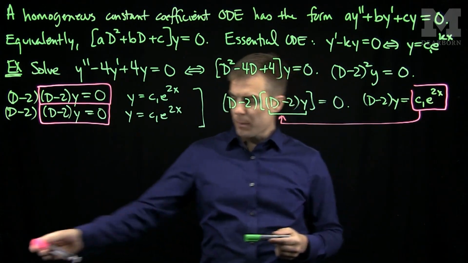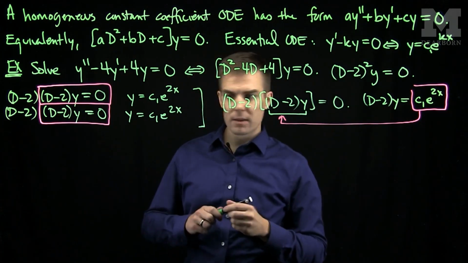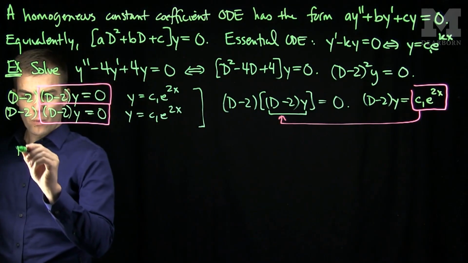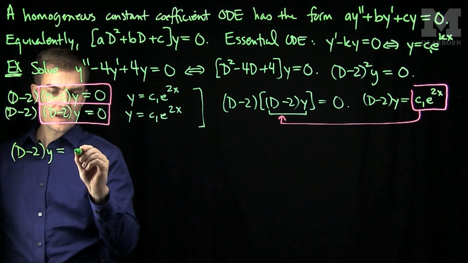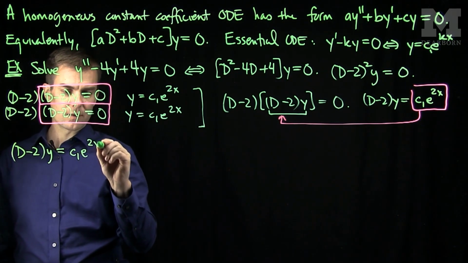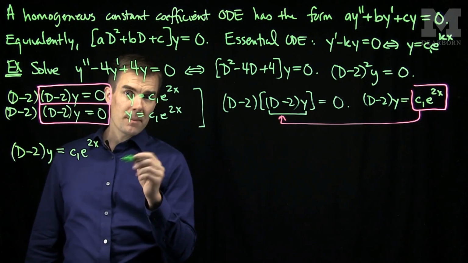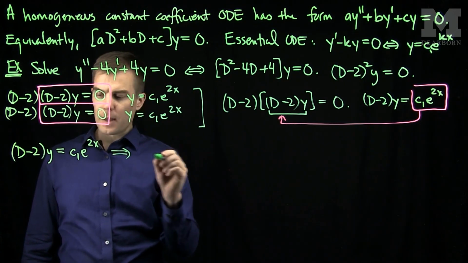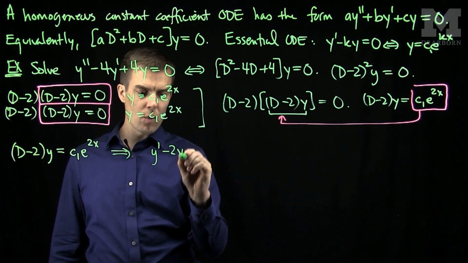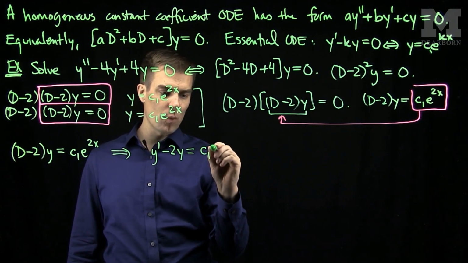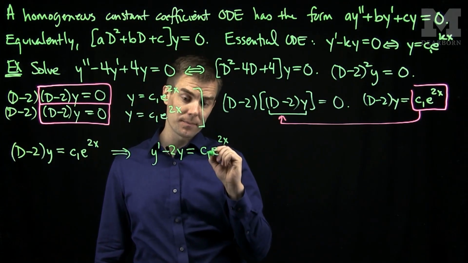So we've reduced our problem to the problem of solving the following ODE. We would like D minus 2 applied to y to be a constant c1 e to the 2x. Let me unravel this now and write this as y prime minus 2y equals c1 e to the 2x.